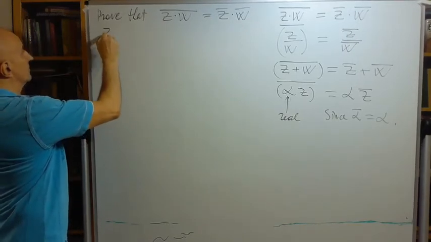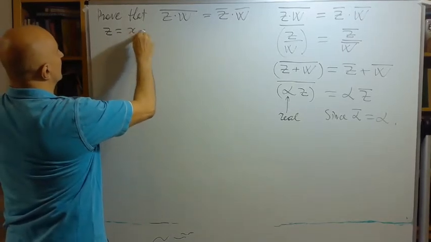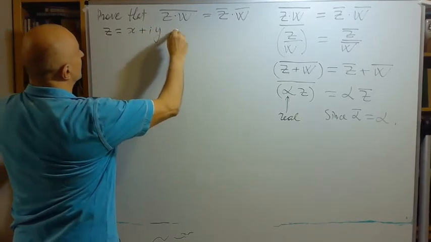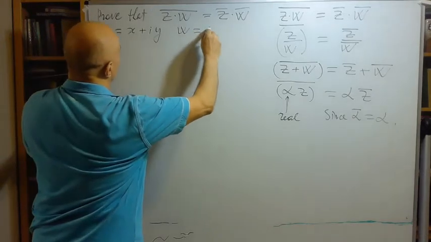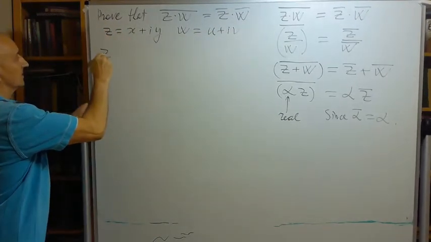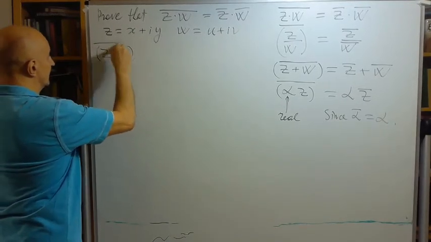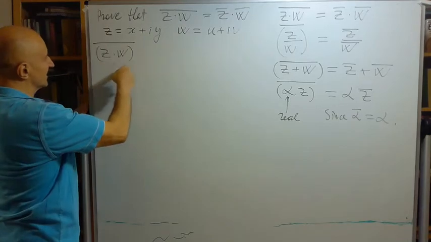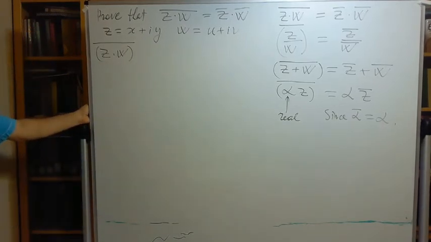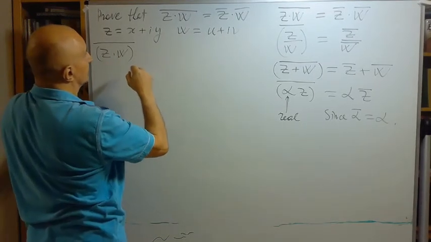So don't do it. So how do you prove it? I say, suppose z is some number x plus iy, w is some number u plus iv. So z multiplied by w and then taken conjugate. This bracket is kind of superfluous, but I want to emphasize that I take the conjugate of the product. You don't have to write this bracket in this case.